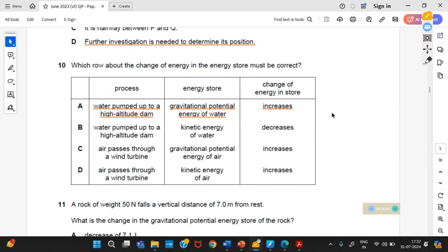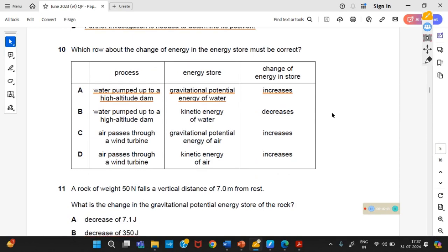Which row about the change of energy in the energy store must be correct? Let's start with option A. Water pumped up to a high altitude dam, if this is a process, what will be the energy store? Gravitational potential energy of water. Yes, and the change of energy in the store increases.